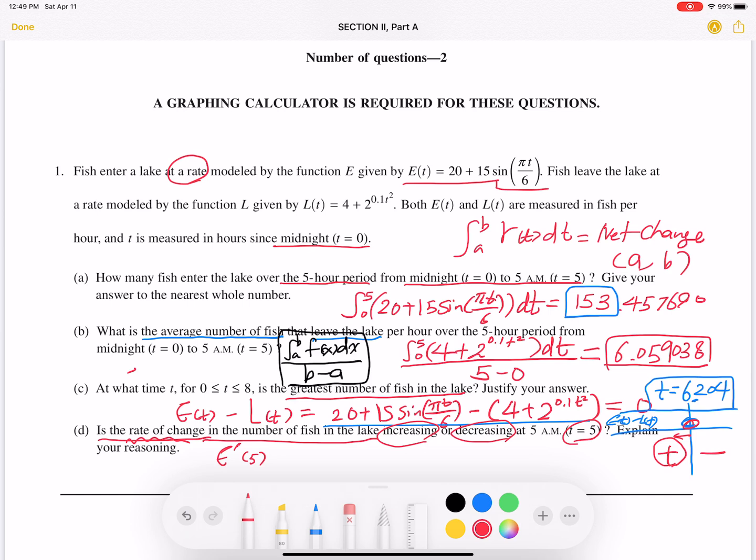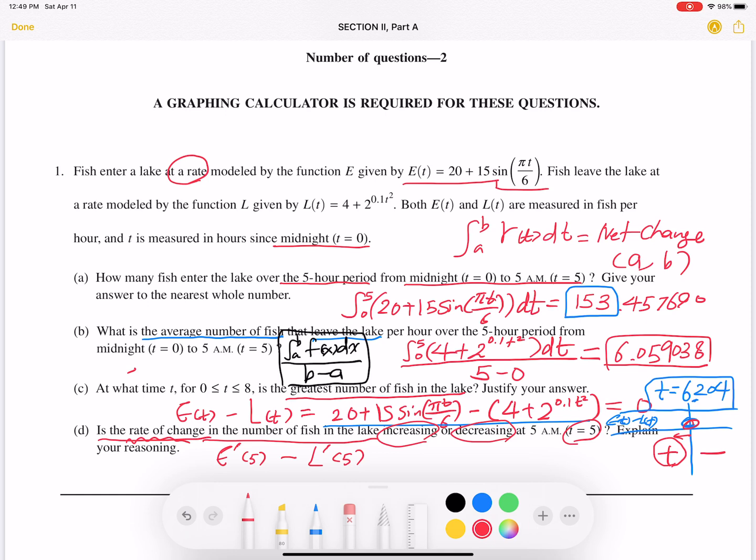What about L prime of 5? That means the rate of change in the rate of fish leaving the lake at t equals 5, okay? If this difference, E prime of 5 minus L prime of 5, is greater than 0, that means increasing.